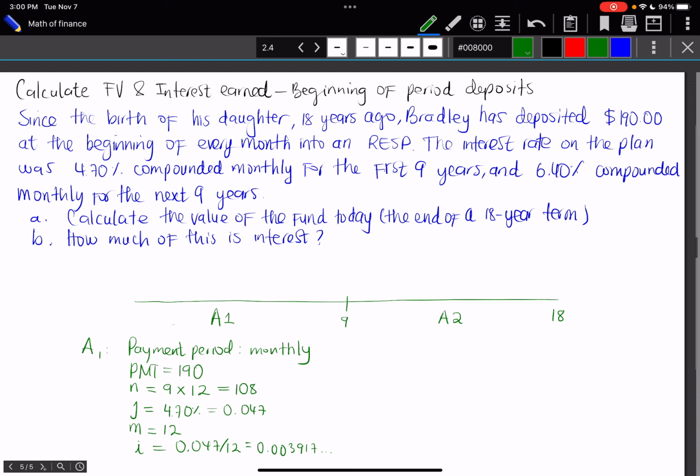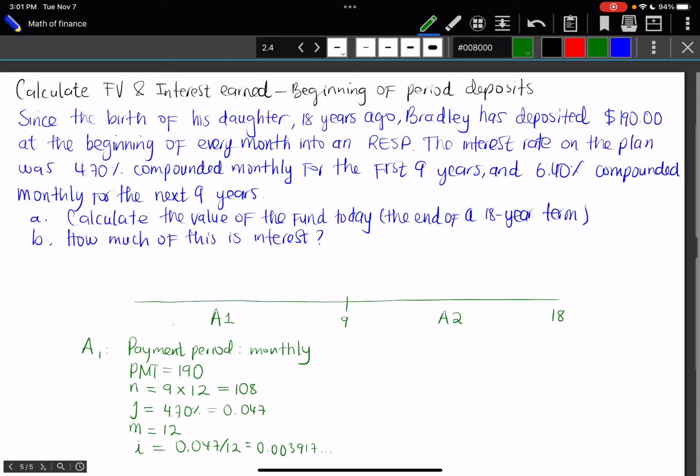Now, because payments are made at the beginning of each month, what we have here with annuity 1 is an annuity due. And this annuity due is a simple annuity due because the compounding period and the payment period are the same.